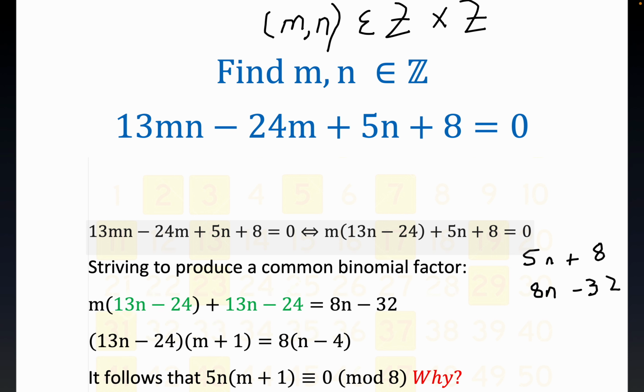And of course, plus 8 minus 32 is negative 24. Now you see I highlighted this. You get a common binomial factor, and we've turned this into a factorable circumstance.